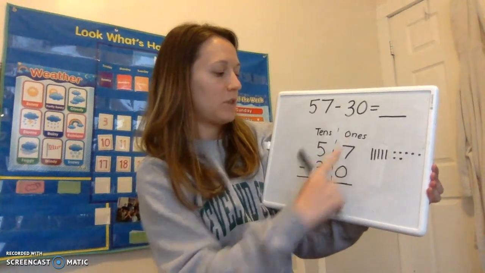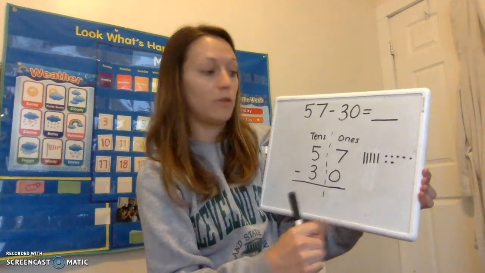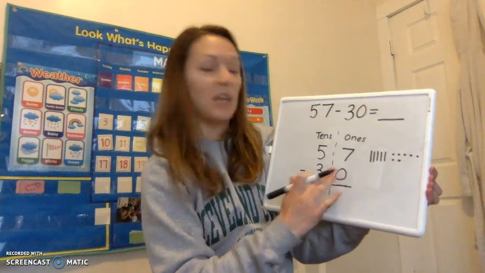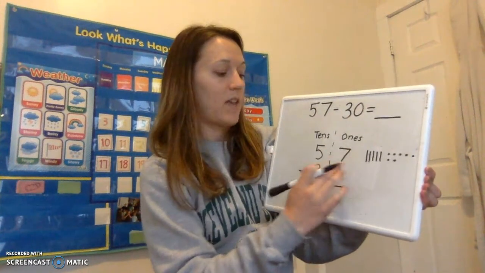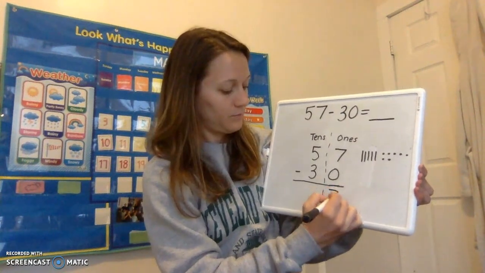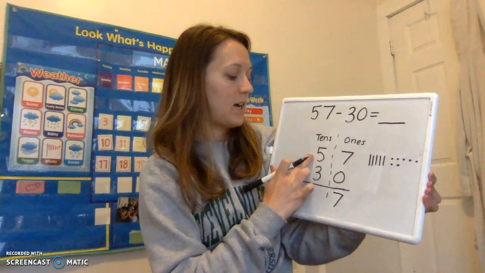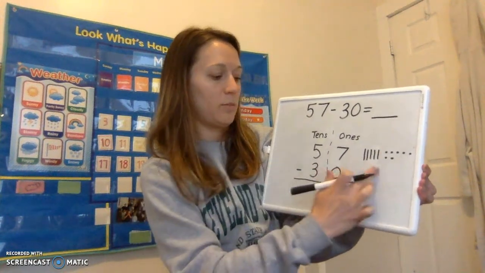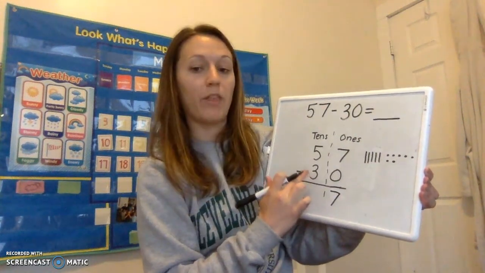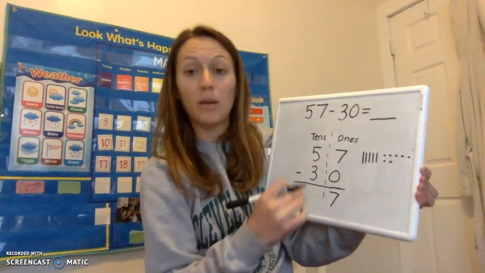So first I'm starting on my ones side. I have to do 7 minus how many? 0. So should I erase any of my ones? No, because it's telling me to take away nothing. So 7 minus 0, I still have 7. Now I'm going to look on my tens side. It's saying 5 minus 3. So I'm going to look at my tens, my base 10 symbols. I need to take away 3 tens from my 5 tens. So here I'm going to erase.